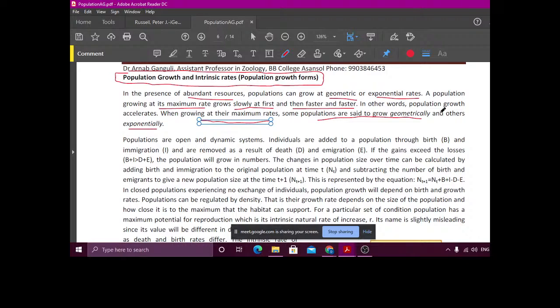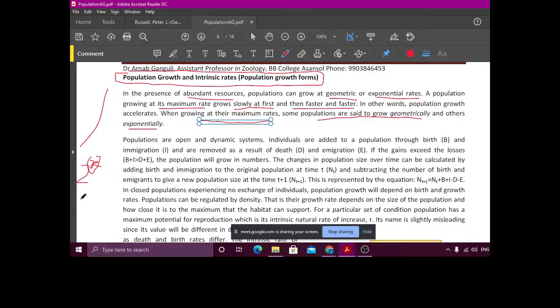And then exponentially, zoom, it goes very fast. It grows in the manner of a number raised to a power, that is very fast.